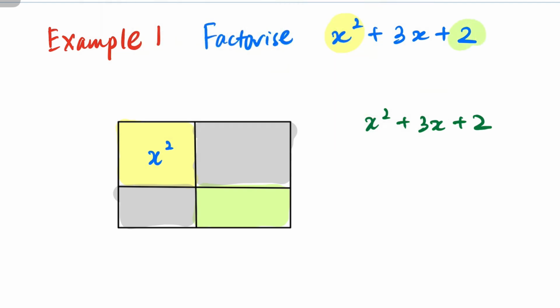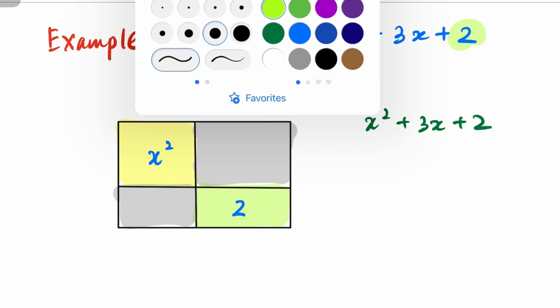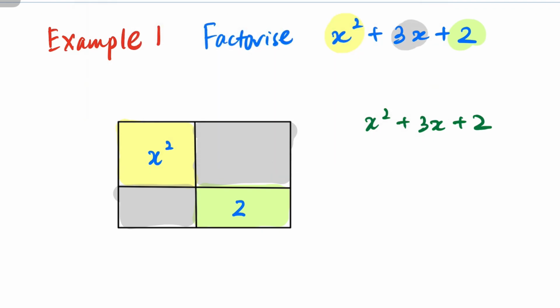We should have our constant term. So in this case, it is 2. Right? So now, we do not know what to put in the gray boxes yet. We only know that the two gray boxes must add up to 3x. But we can get 3x from 2x plus x or 4x minus x. There are many ways to get 3x.